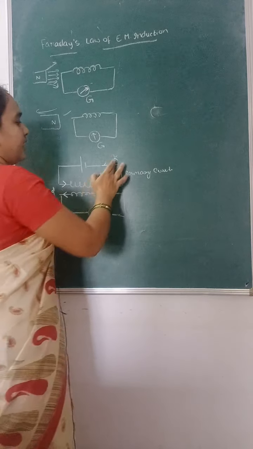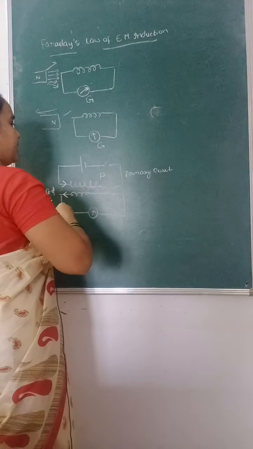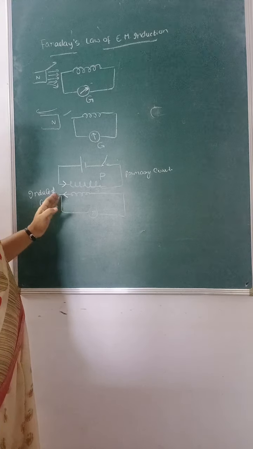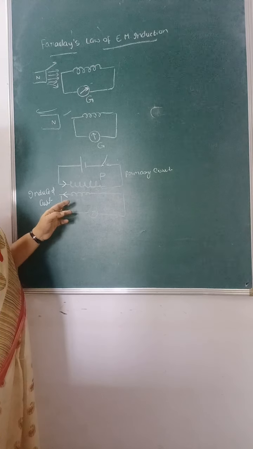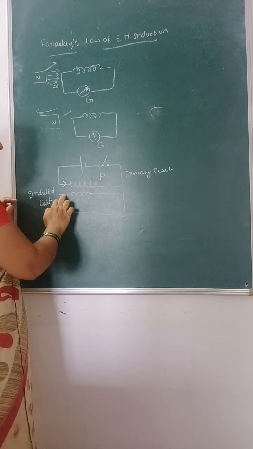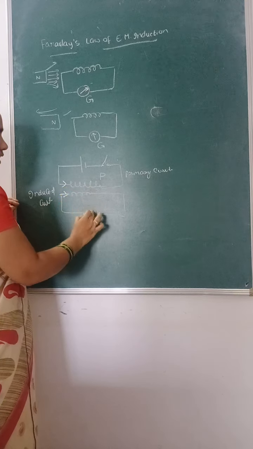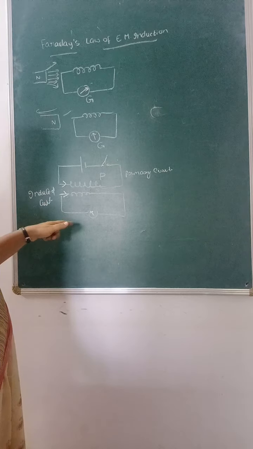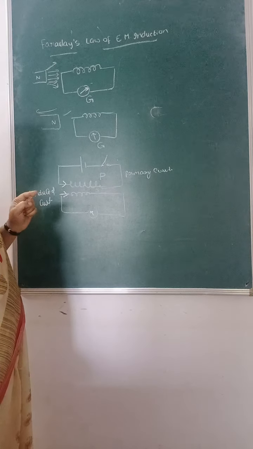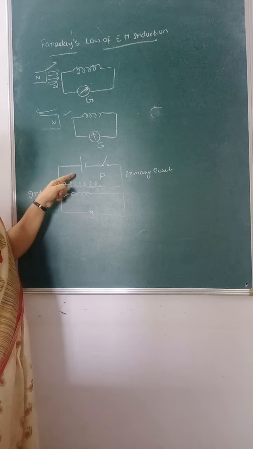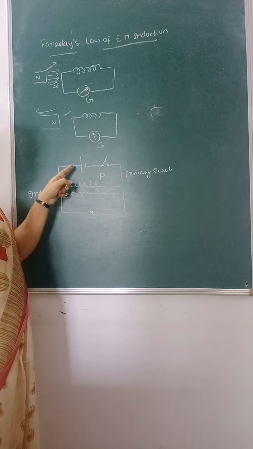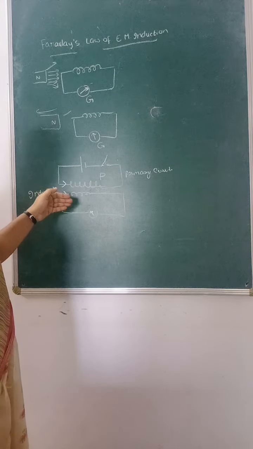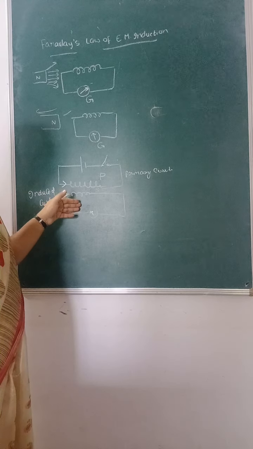If the key is opened, that is, there is no current, then the direction of the induced current is reversed, and the deflection is indicated in the galvanometer. So the primary current induces the induced current in the secondary circuit.